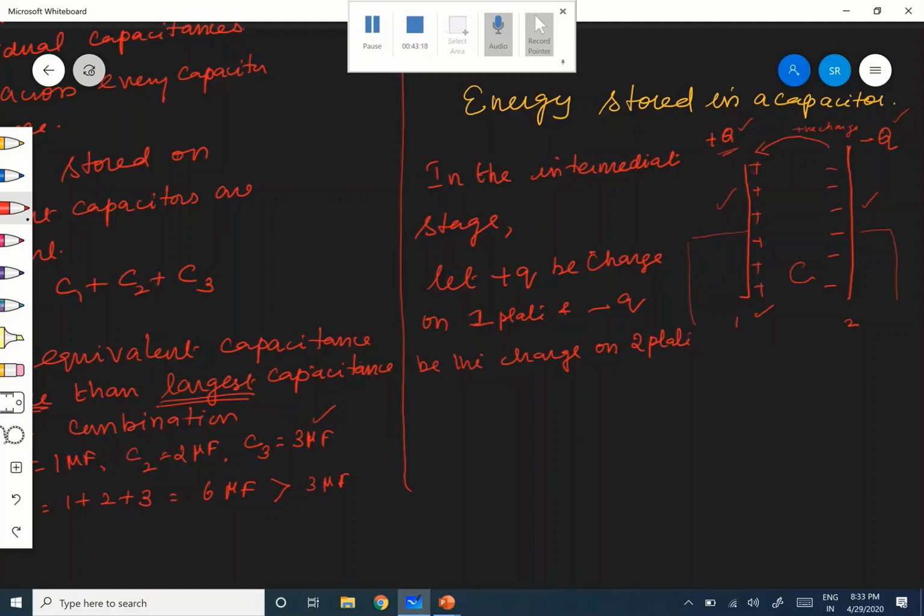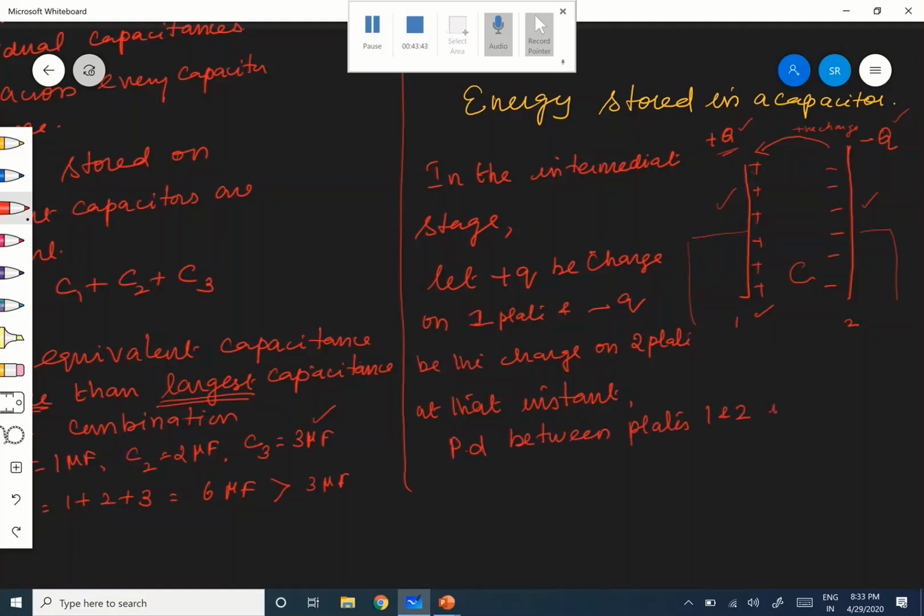Therefore at that instant, in the intermediate stage, what is the potential difference between plates 1 and 2?